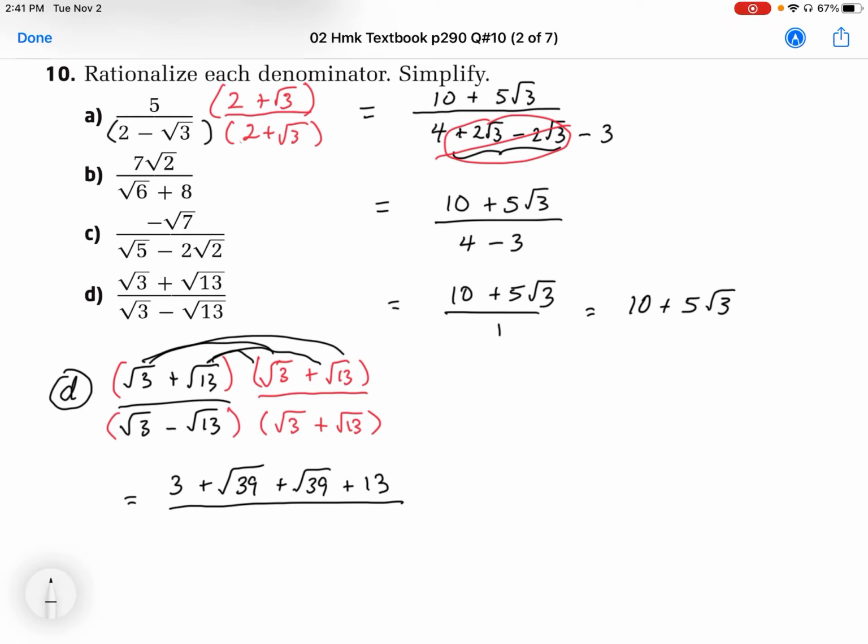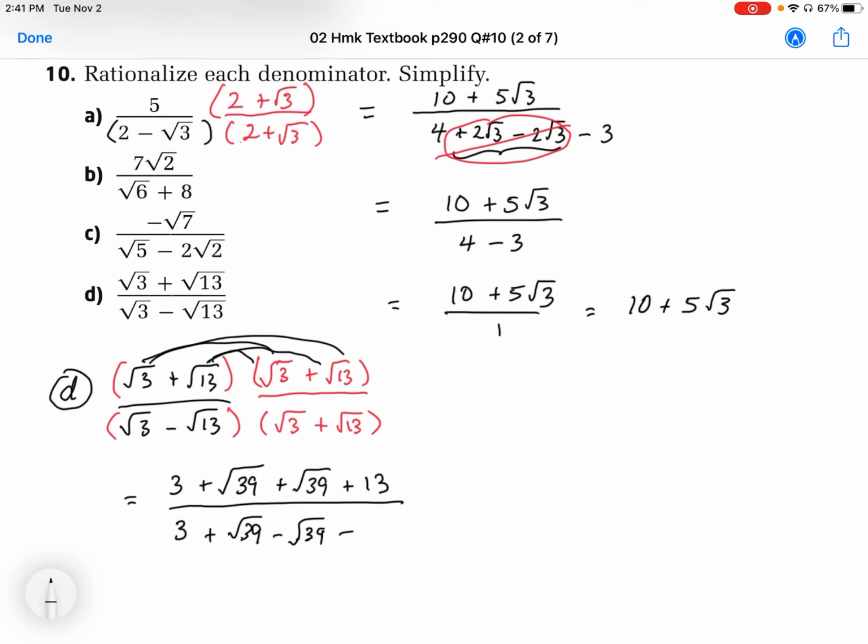When I rationalize the denominator, I get root 3 times 3, root 3. Then I get plus root 3 times root 13. That gives me root 39. And then the next term is going to be negative root 13 times root 3, which is going to be negative root 39. That's the key. When we have our conjugate, we're going to have a plus and minus, and that's going to cancel out.